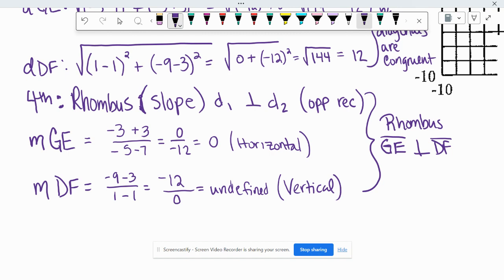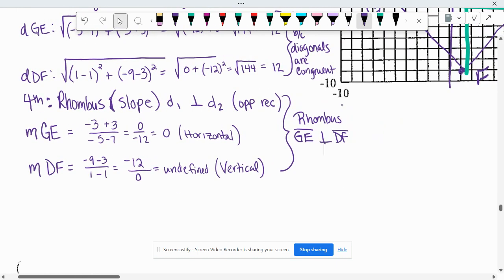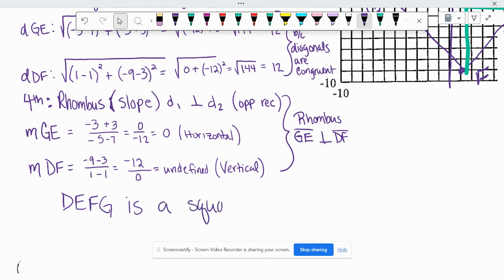So, can we prove that it's a square? Yeah, so we don't have to do any math. We just have to say DEFG is a square because it is a what?